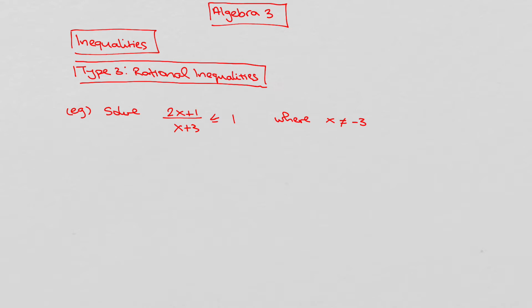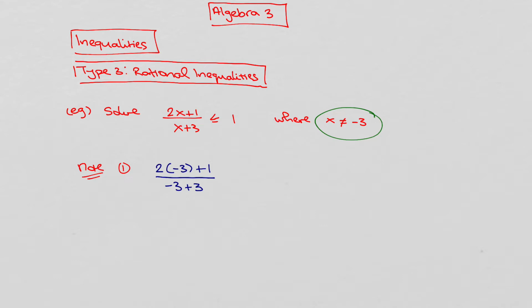equal to minus 3. So we have two things that we have to be careful of here. So our first thing is that we need to understand, well, why are they telling us this bit here? Why are they telling us that x is not equal to minus 3? Well, if I look at the denominator and I see x + 3, that means if I sub in x is minus 3, on the top I have 2 times minus 3 plus 1, and on the bottom I have minus 3 plus 3.